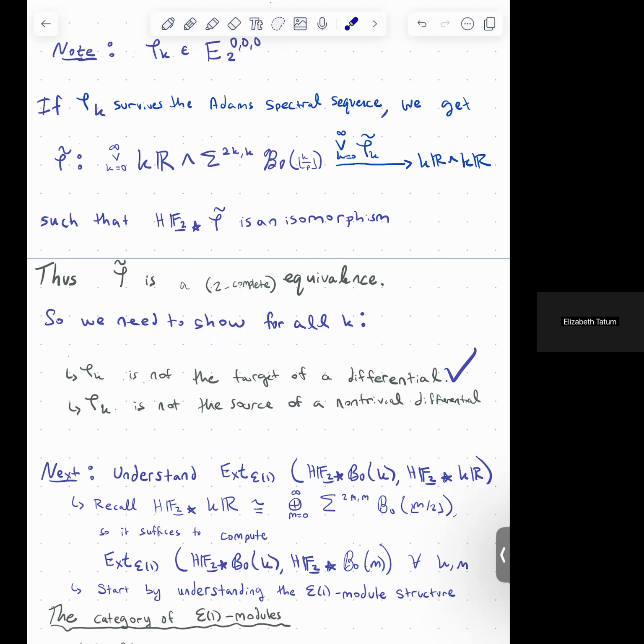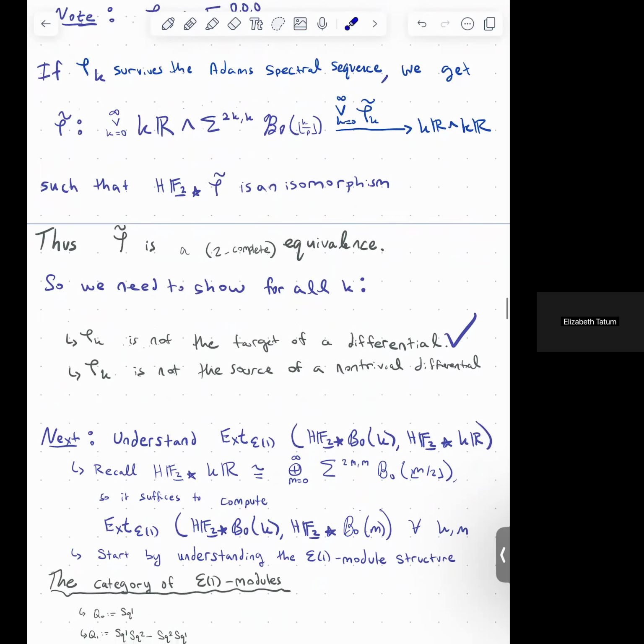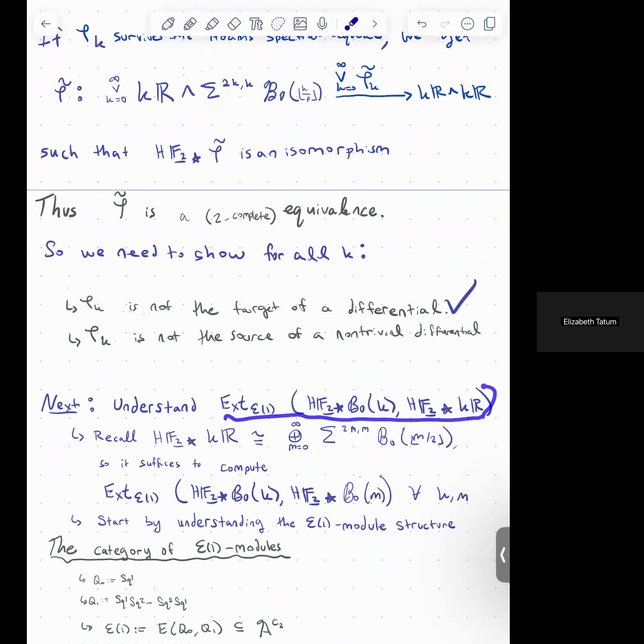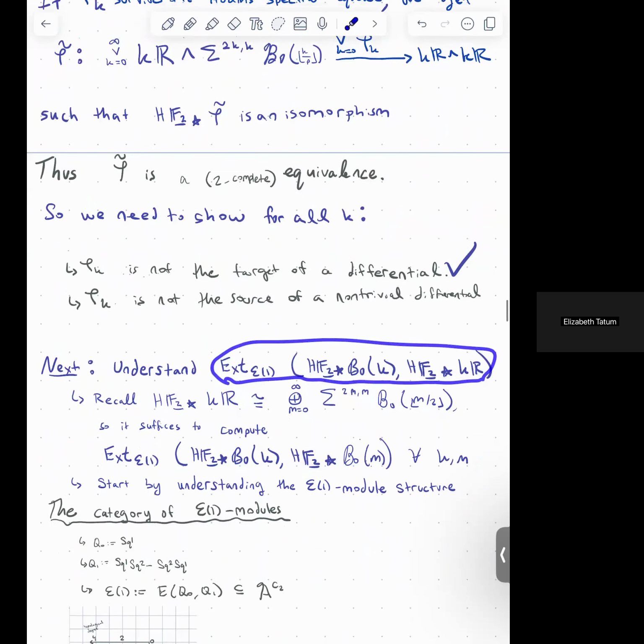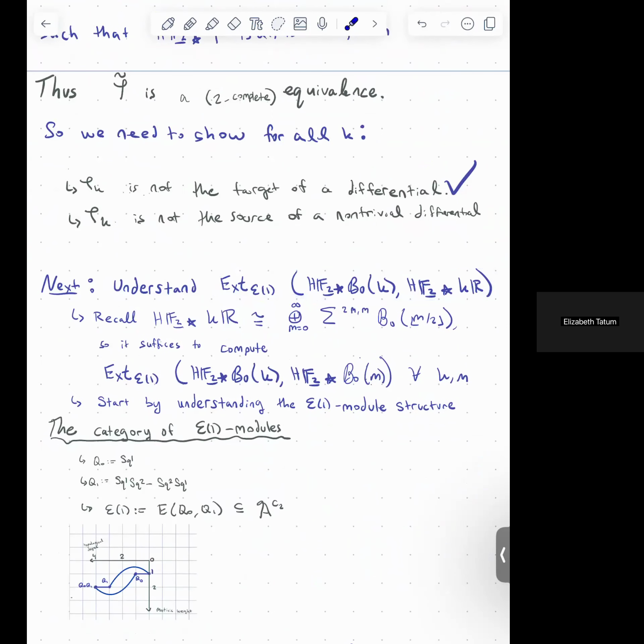We'll want to break this down into more manageable pieces. So maybe the first thing is to recall that the HF2 star homology of KR is isomorphic to a sum of suspensions of, and sorry, this should be the homology of these Brown-Gitler spectra.